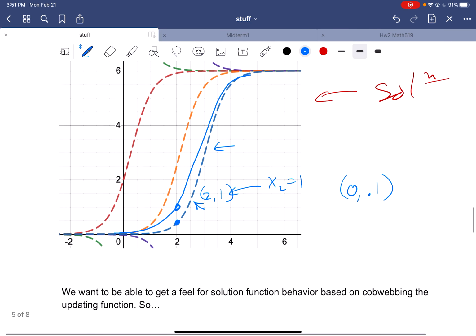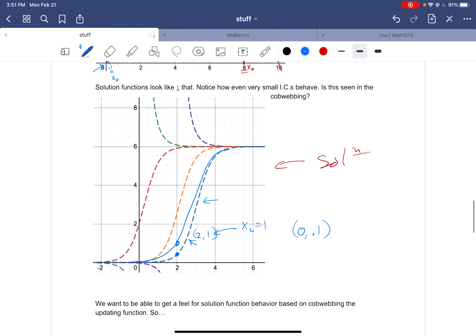Anyway, what I want to point out is, since these are solution functions, my input axis is time, my output axis is the data value. And what's really going on is that one of these equilibriums is stable, or attracting, as time goes to infinity.